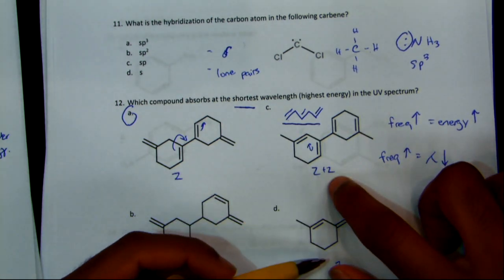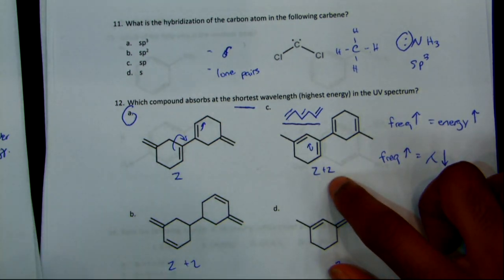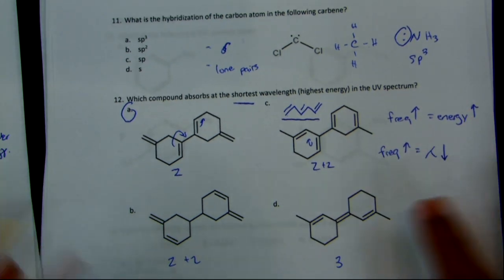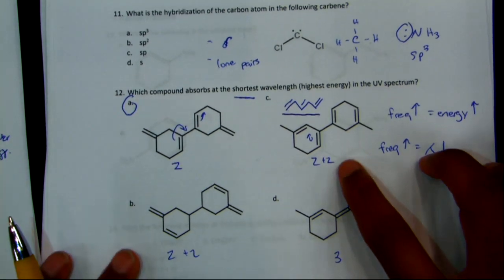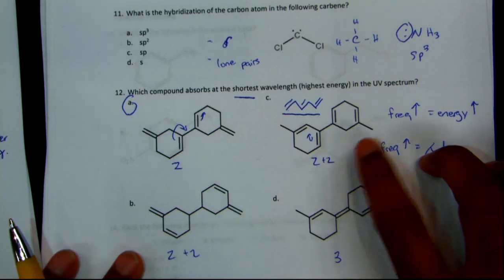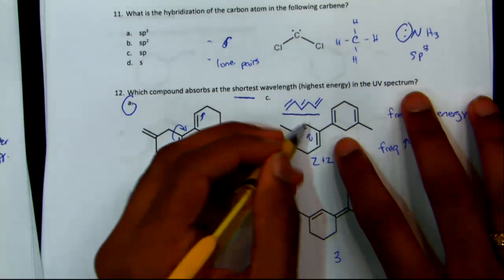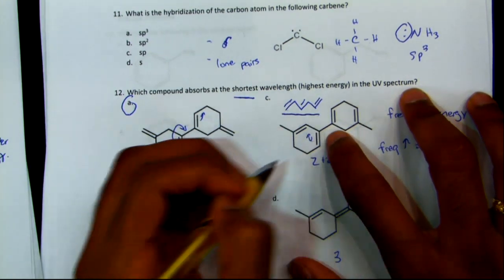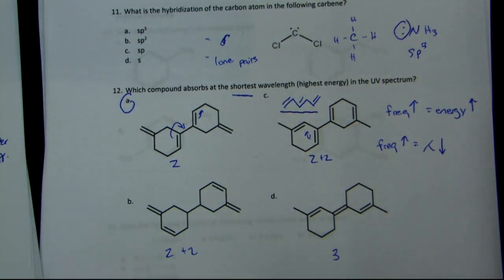Does that make sense? Yeah, so would C and B be the same? Yes. C and B would be more similar because when this one goes to participate in conjugation here, it's not participating with this one. So only one at a time can actually participate in conjugation.